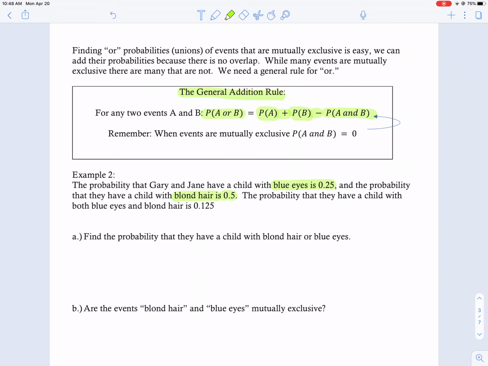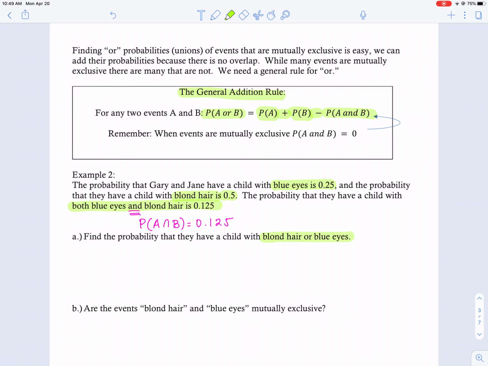The probability that they have a child with both blue eyes and blonde hair, so this word is important, that is 0.125. Okay, so understand that "and" is represented by this probability of A and B. That's 0.125.